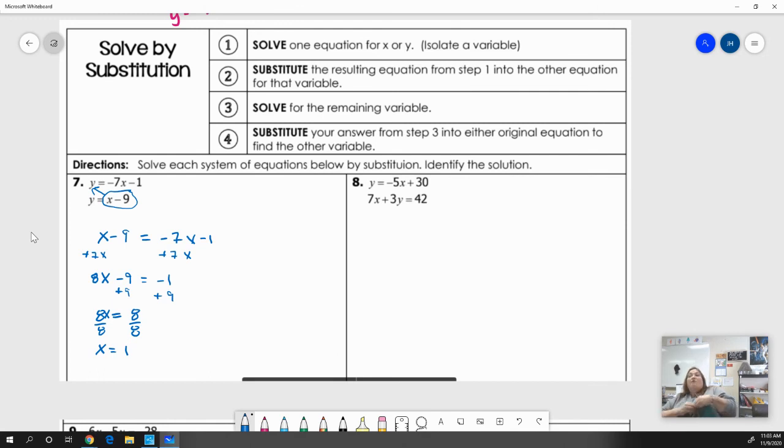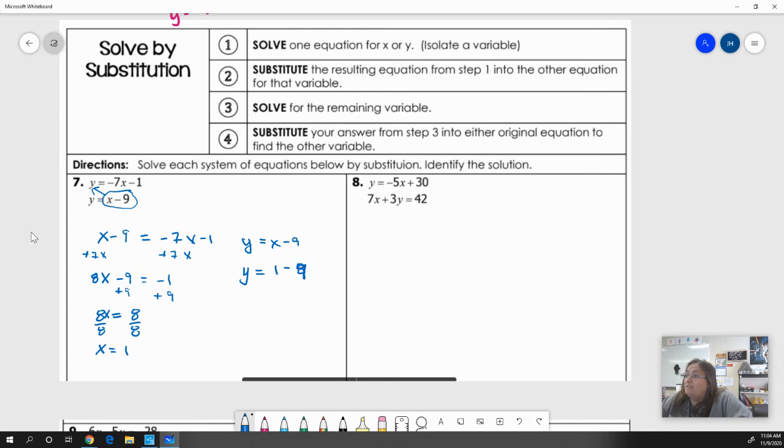So now, for this system, I know what x equals. So far, x equals 1. I'm going to take this 1 and plug it in for x in this equation. So if I have y equals x minus 9, wherever I have x, I just plug in 1. That would be y equals 1 minus 9.